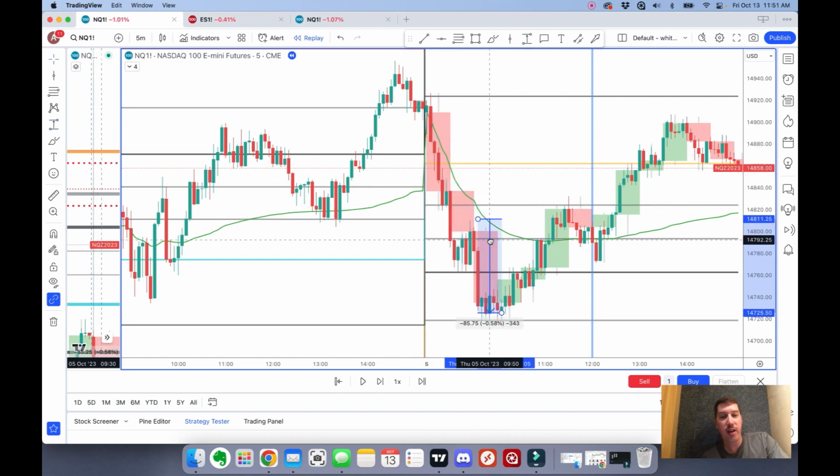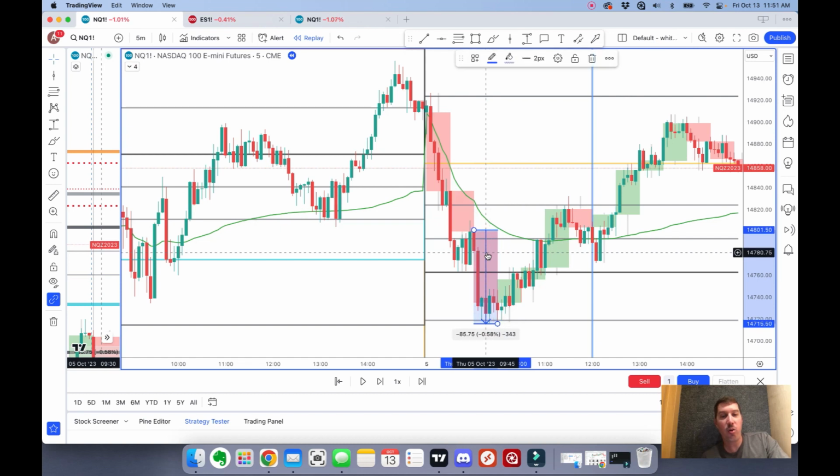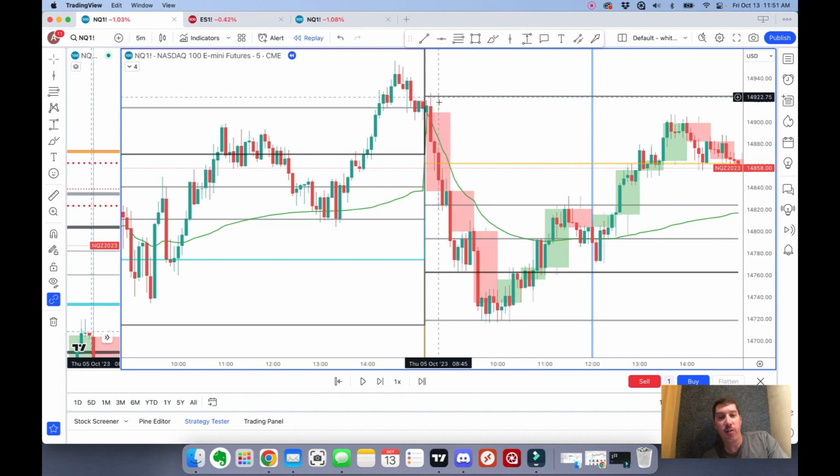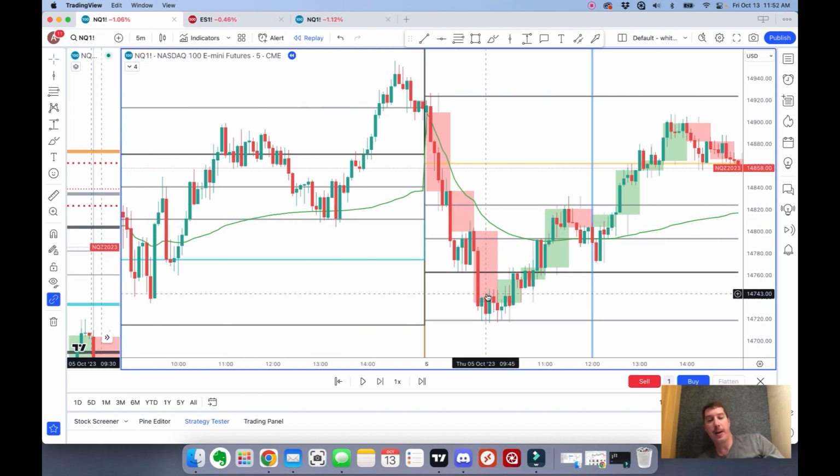See right here and see right here. They're all sort of an 85-point range in these 30-minute candles. So it doesn't happen all the time, but when you see this, you can anticipate how much room you have. And the fact that we broke right here, this was support, and now it's going to try to find support at the next area.